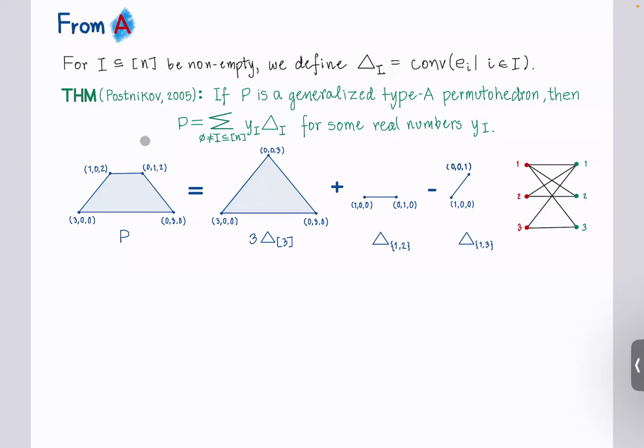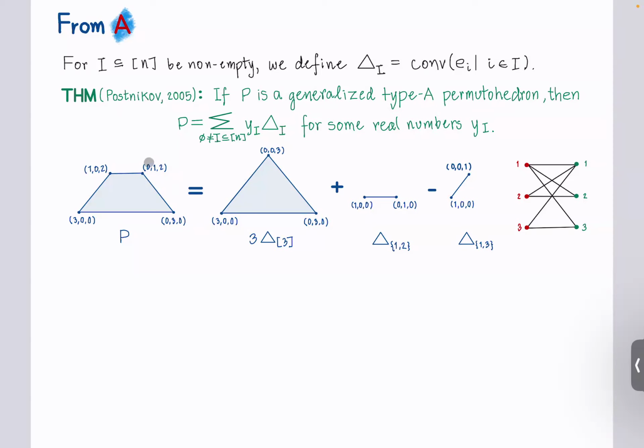And there is a theorem by Postnikov in 2005 saying that if P is a generalized type A permutohedron, then you can write P as a Minkowski sum and difference of simplices, with some coefficients y_I being real numbers.